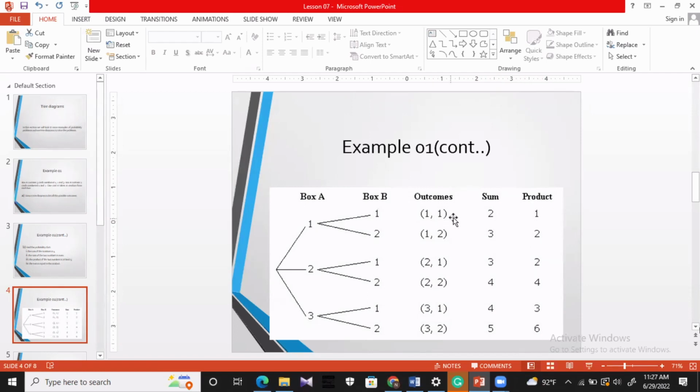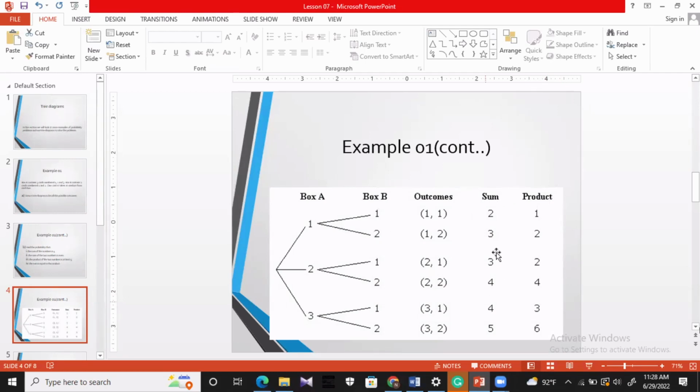What is the product of those two numbers in the first pair? 1 times 1, the product is 1. 1 times 2, the product is 2. 2 times 1, the product is 2. 2 times 2, 4. 3 times 1, 3. 3 times 2, 6. Likewise, we have 5 different values for products.